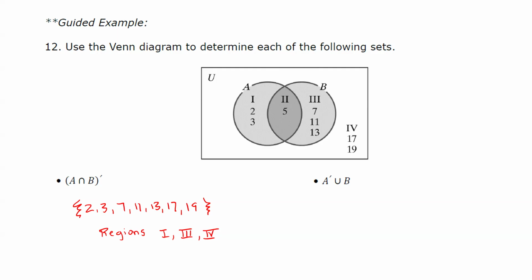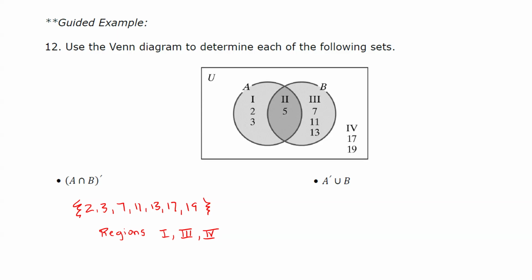The complement of A union B. I want the complement of A with set B. I know that A is going to be regions 1 and 2. The 2 is also in B, so I can include it with the not A. The only values that are just in A are 2 and 3.